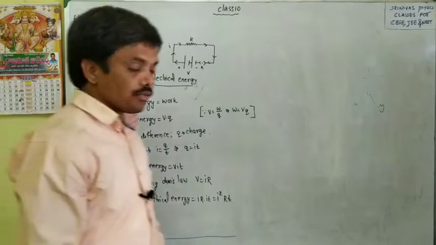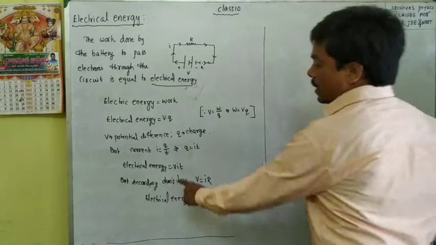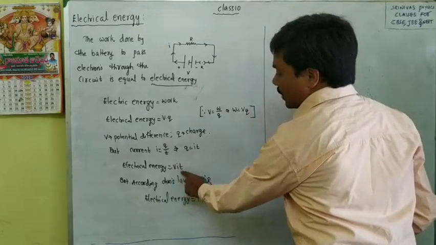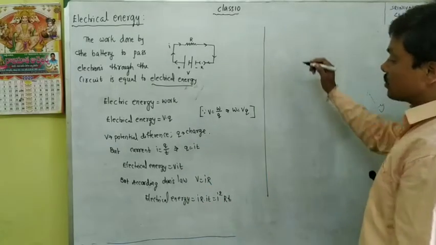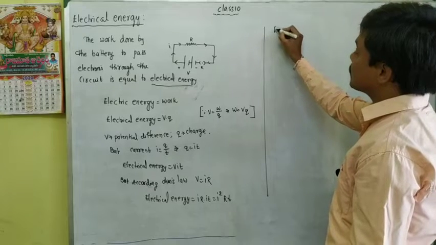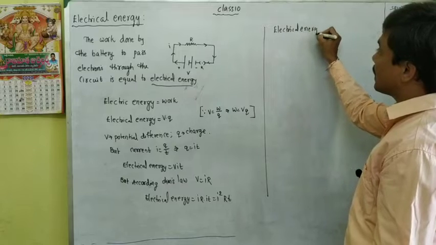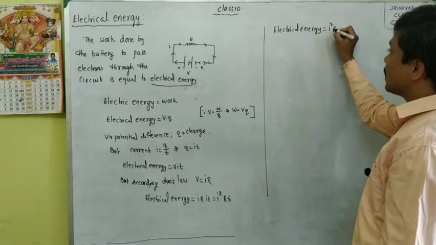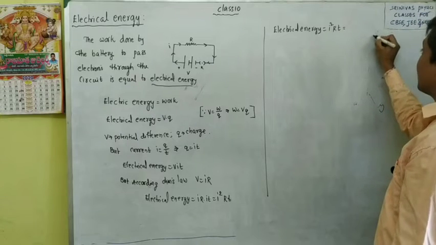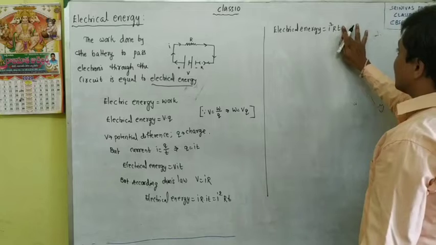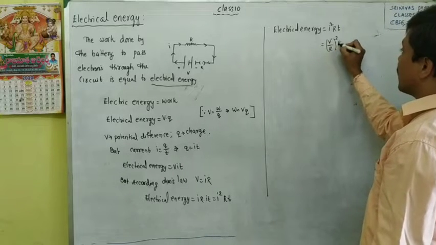Here in place of V we wrote IR into IT. IR into IT is I square RT. Electrical energy we got I square RT. And we can also write this formula differently. According to Ohm's law, can I write I as V by R, whole square, into RT?